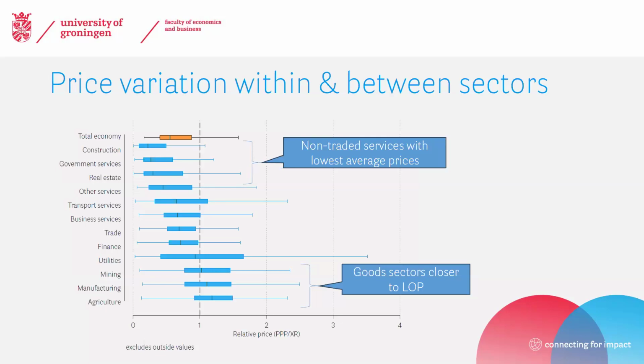Of course, it's not just the median that's in the bars, there's quite a bit of variation around this median as well. So there are systematic patterns across sectors, but there's also quite a bit of variation within sectors. You also see quite a few other sectors somewhere in the middle here.